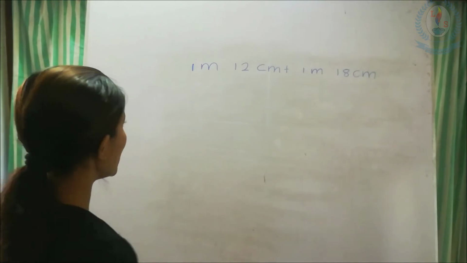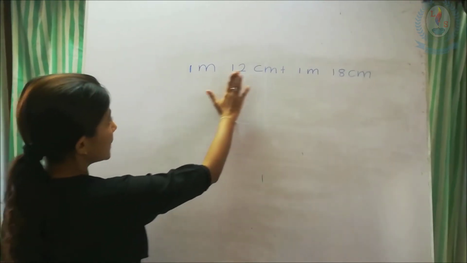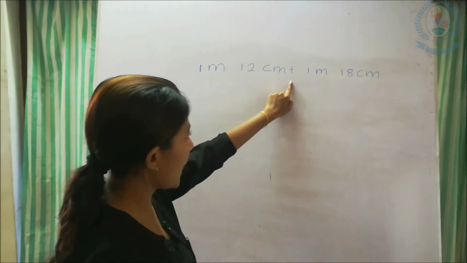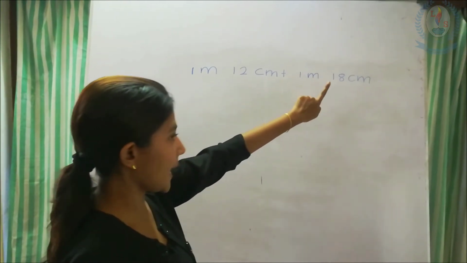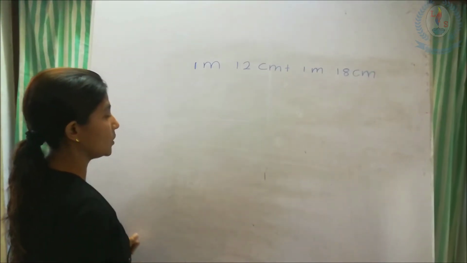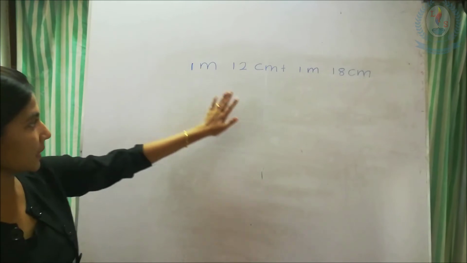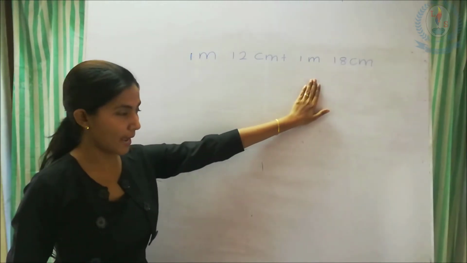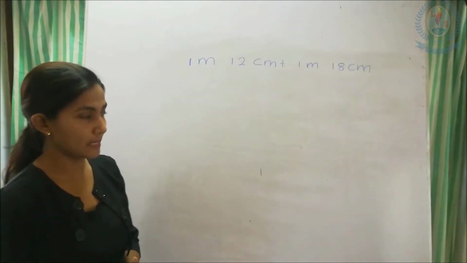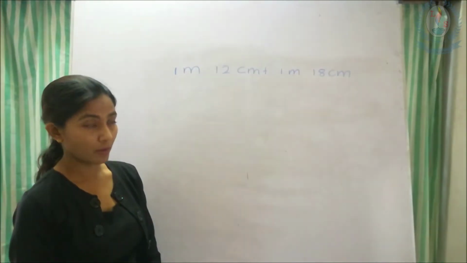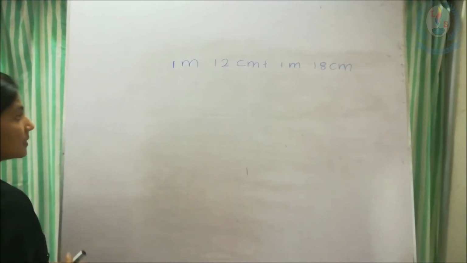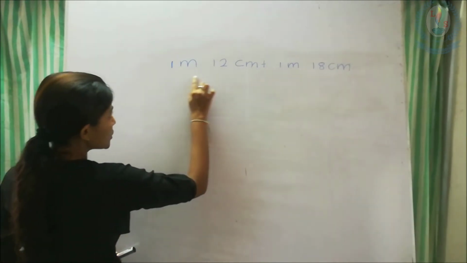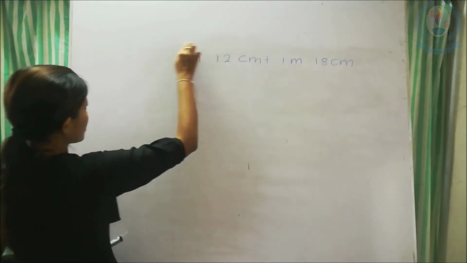When you get a question like this, 1 meter 12 centimeters plus 1 meter 18 centimeters, how are you going to add this? What you do is, first you write the first set of length.